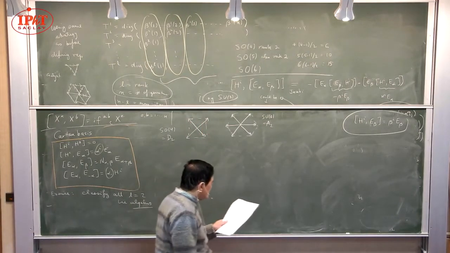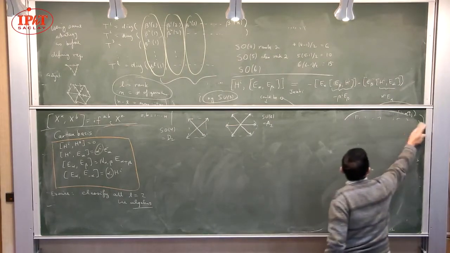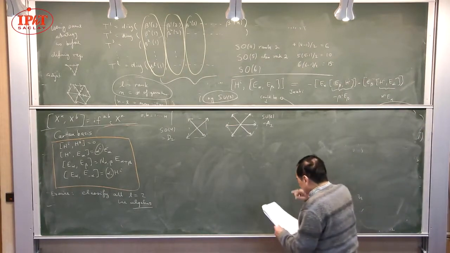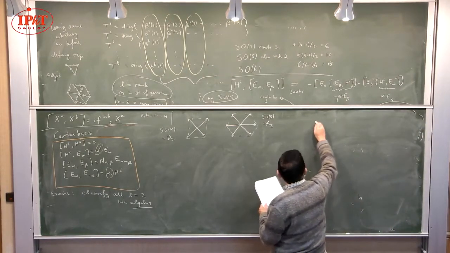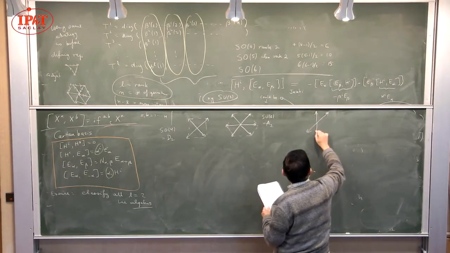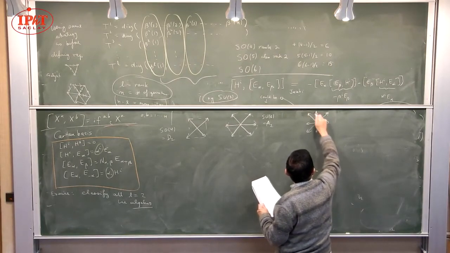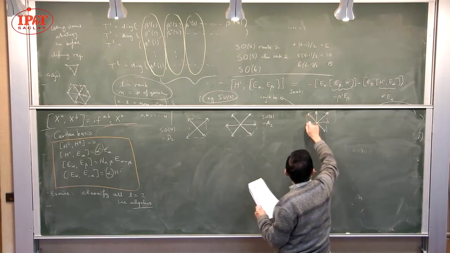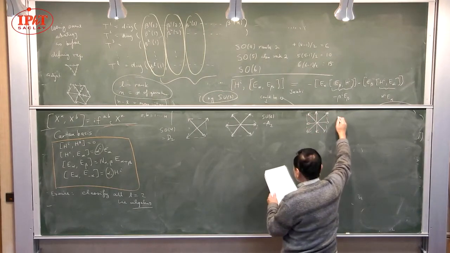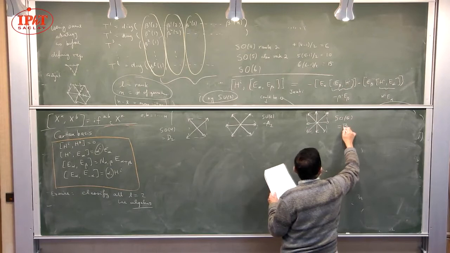So the hexagon, the squares, and then there is this one, which is what physicists call SO5 and what mathematicians call B2.